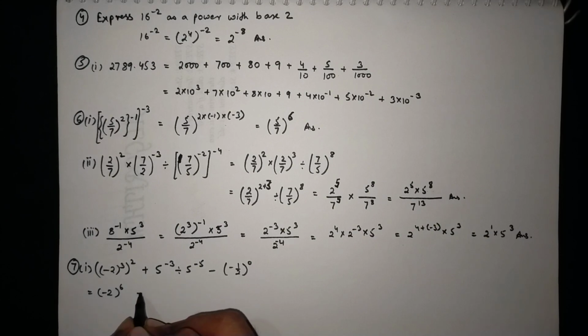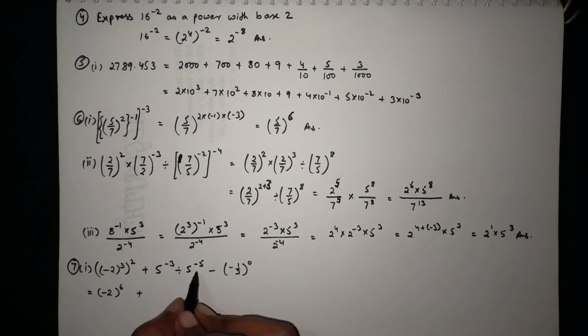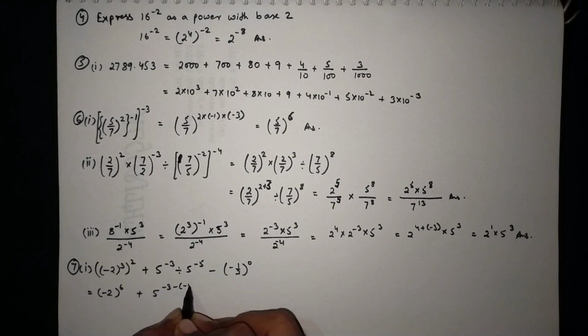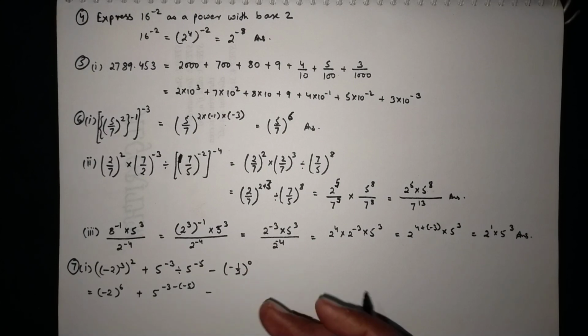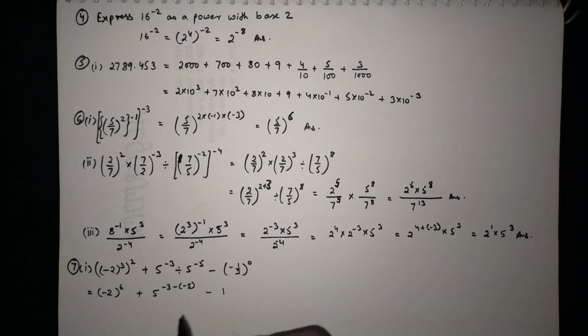Then plus, here we have the same base and they are divided, so this will be 5 to the power minus 3 minus minus 5, minus any number to the power 0 will be equal to 1. Then here we have a negative number to the power of an even number, so your answer will be positive.